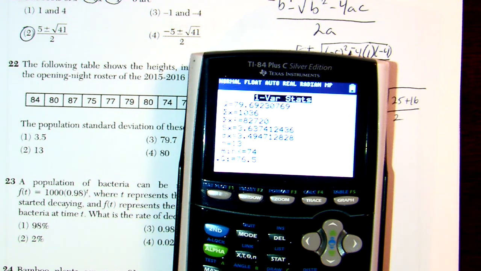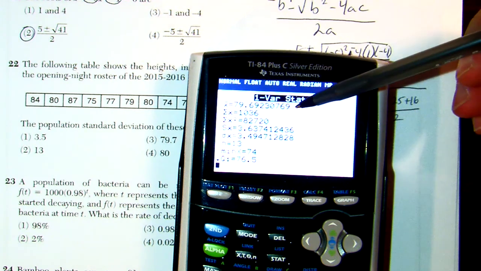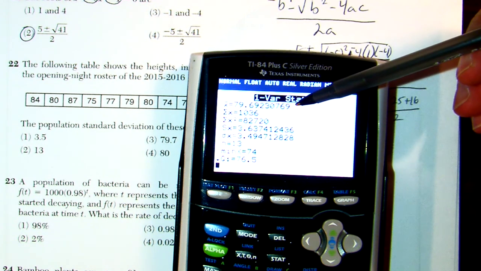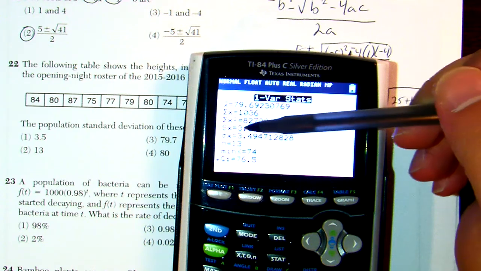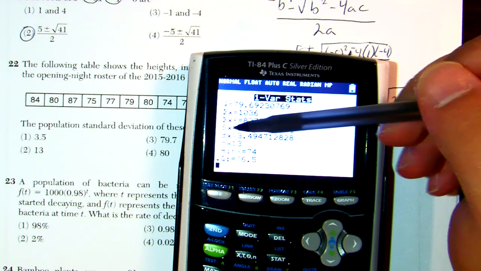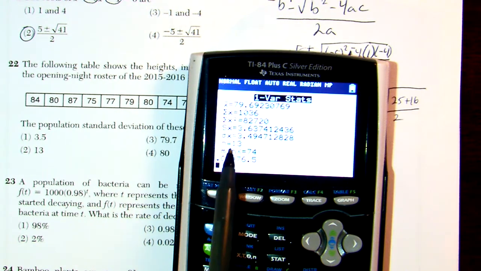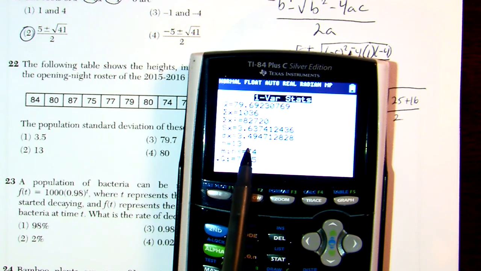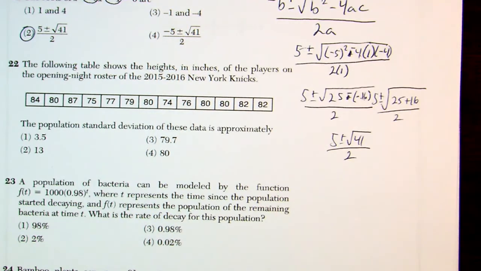Okay, the X with the bar on top, that's your mean or your average. Your standard deviation, your S of X, that's your sample set. The one that's got like a 0 with a line over it, that is your population standard deviation. So when you round it, that's going to be about 3.5. So that is your answer, 3.5.